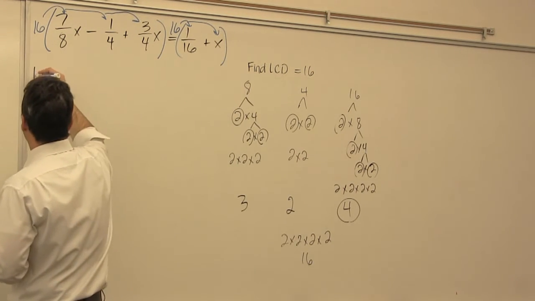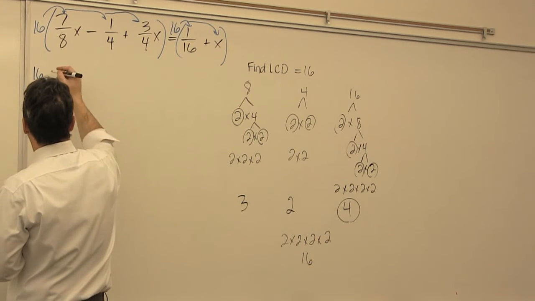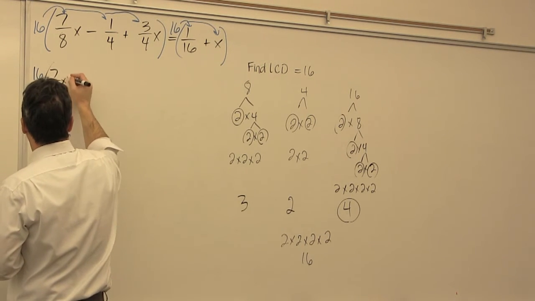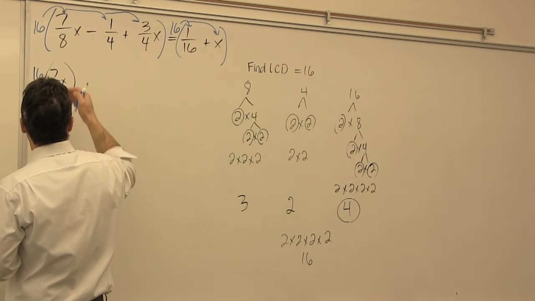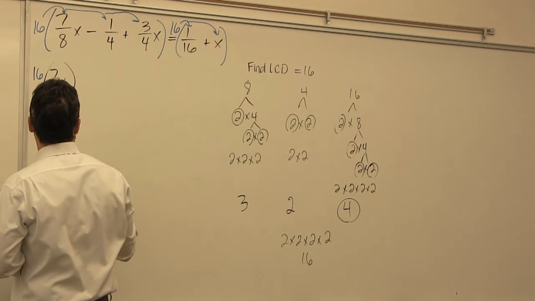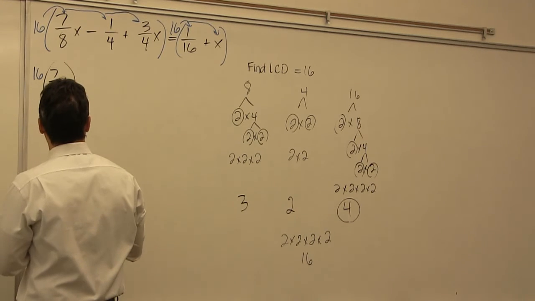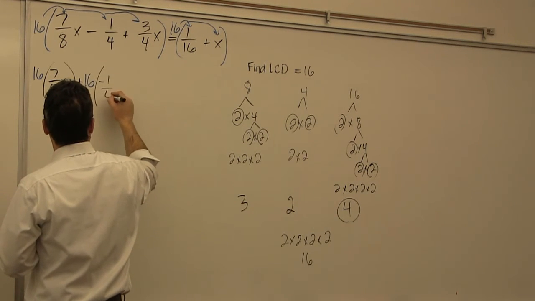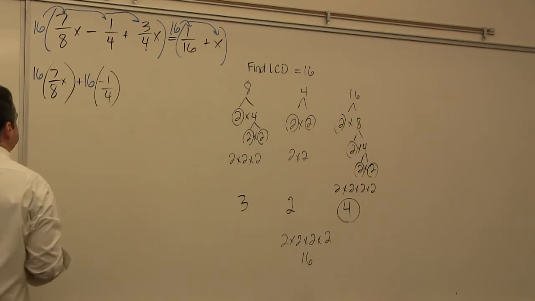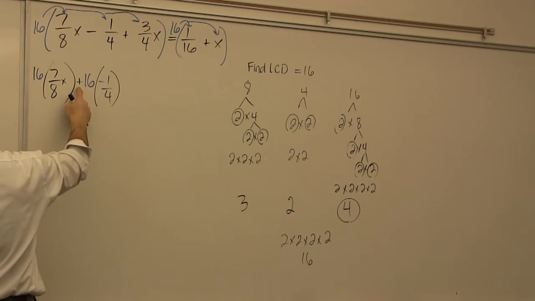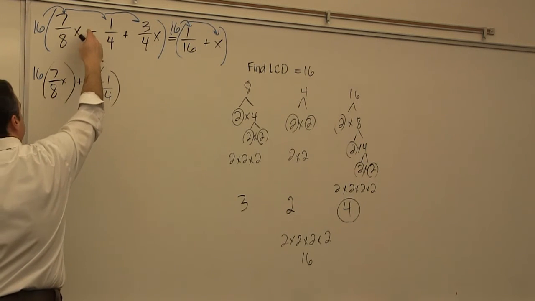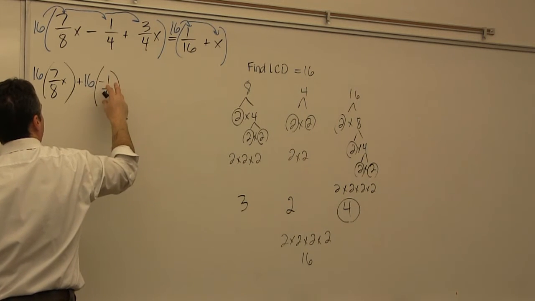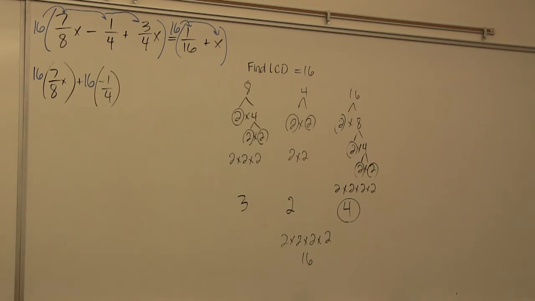This will give us 16 times 7 over 8x. Now, how do we know our terms? Again, they're separated by plus and minus signs. So now we'll have plus 16 times negative 1/4. Now, notice what I did there. I put a plus in between, and I let the sign before this term go with it. And that helps us keep track of our negative numbers so we don't lose them in the process.